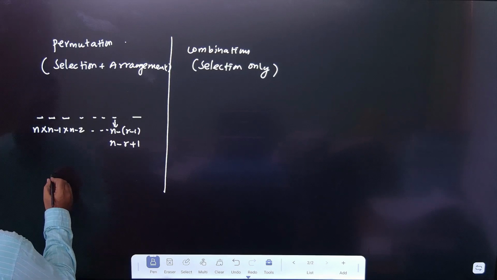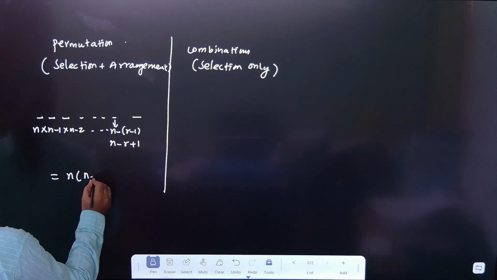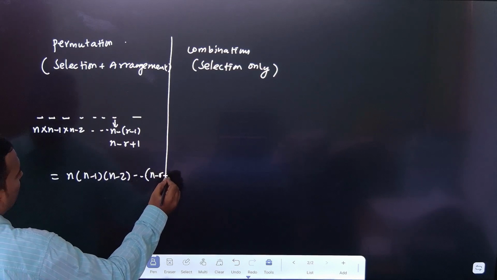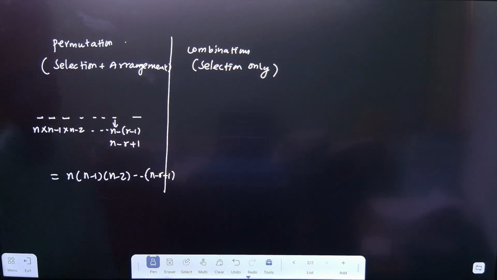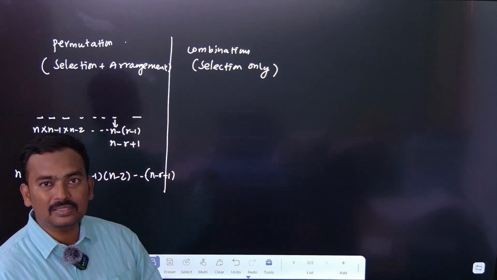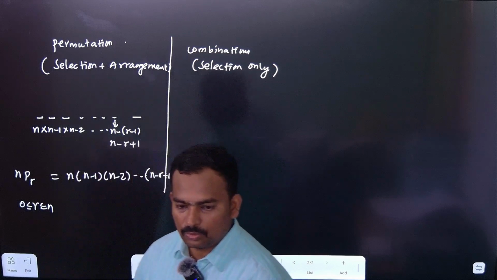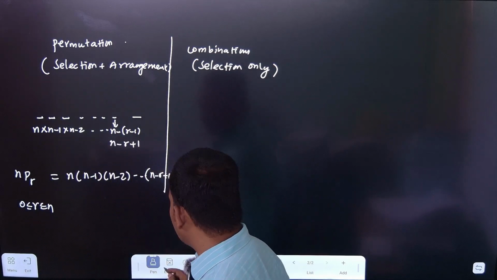So what we can do: n into n minus 1 into n minus 2 into so on, up to n minus r plus 1. Okay. So we need actually nPr, right? So what are r and n here? R will be 0 to n only.